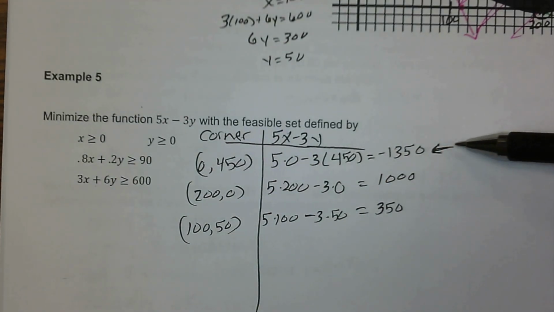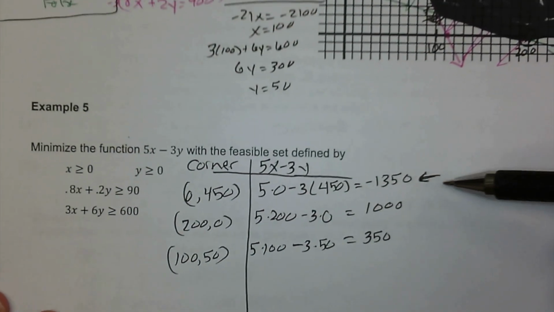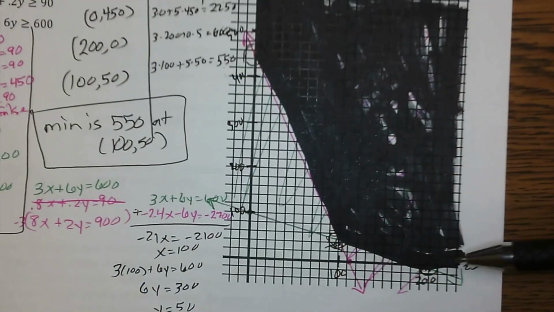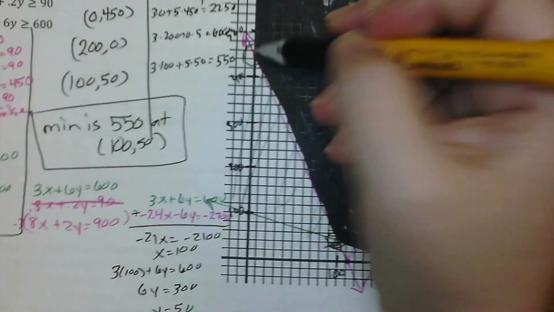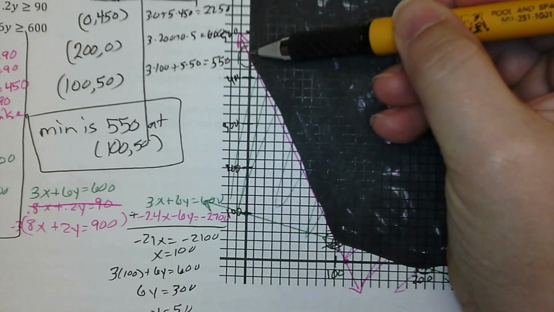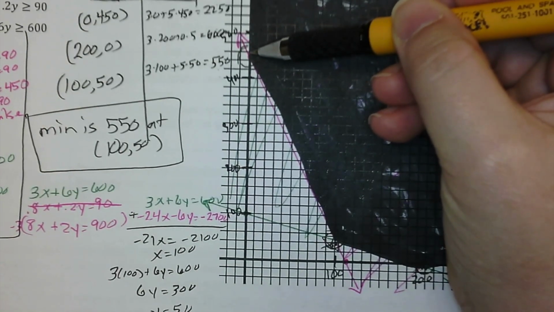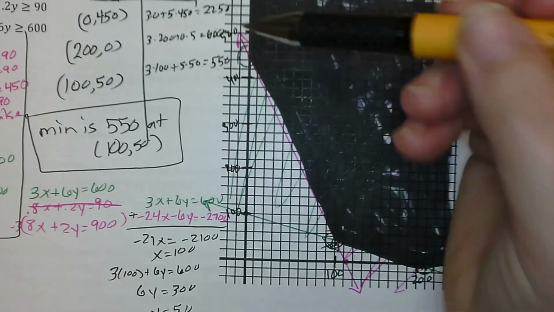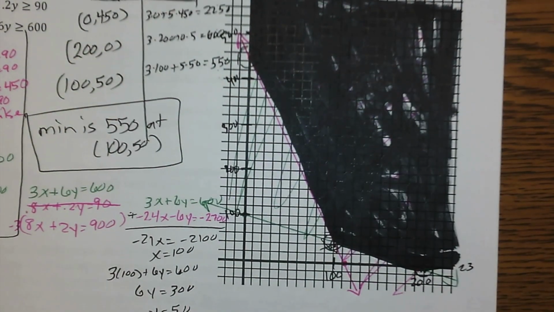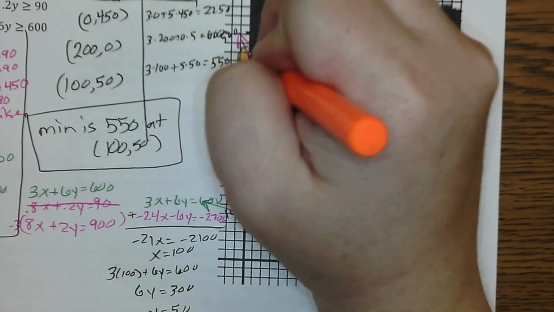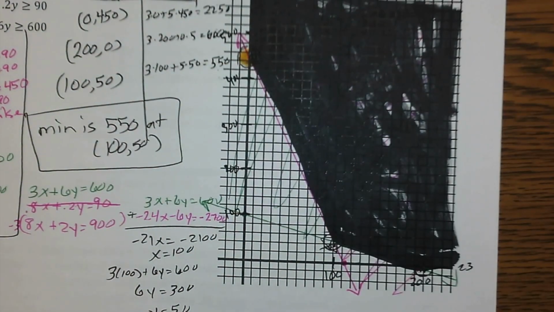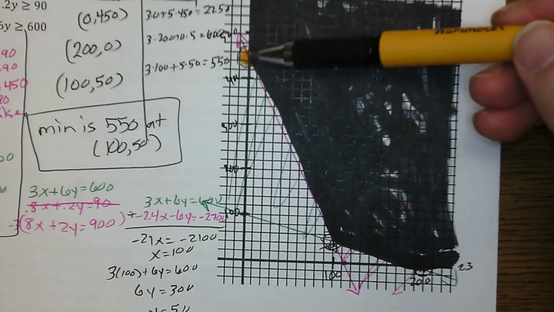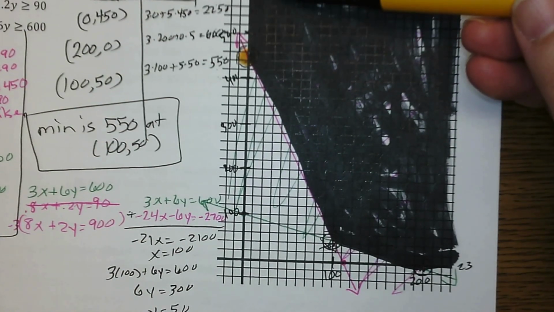But what it means is look where 0, 450 is located. In the graph, 0, 450 is up here. This point has a very special situation going on. It is right here, the edge before our feasible set goes off to infinity.